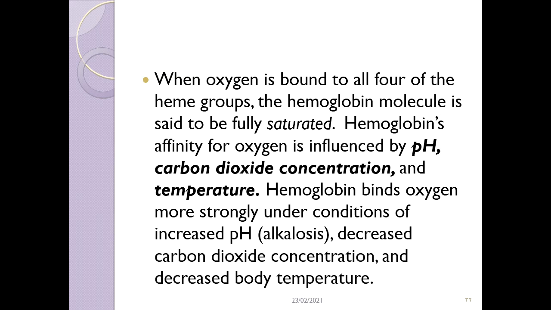Hemoglobin binds oxygen more strongly under conditions of increased pH. It means alkalosis. Okay? When there is alkalosis in the body, the hemoglobin affinity towards oxygen will increase, so the hemoglobin will bind oxygen more strongly.